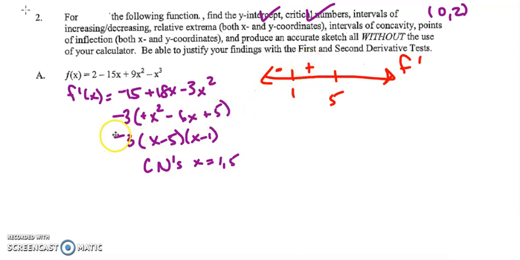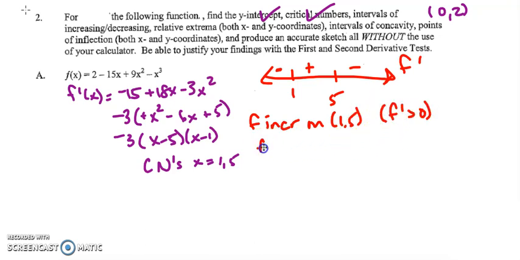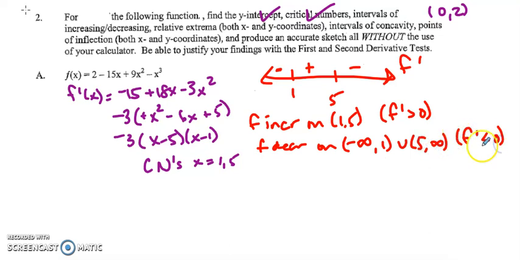Plug in 6, I get out just 1 negative. So f is increasing on 1 to 5 because f prime is greater than 0. F is decreasing on negative infinity to 1, union 5 to infinity. That is because f prime is less than 0.